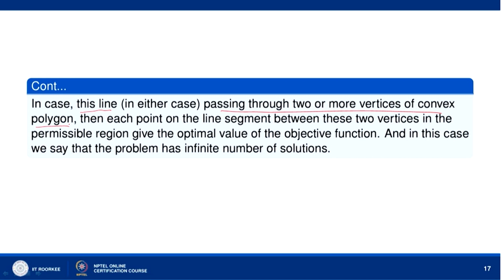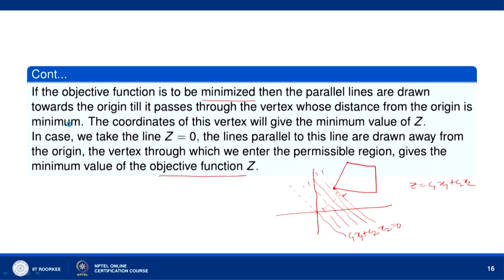In this case we say that the problem has infinite solutions. For example, in the case of minimum, if it passes through two vertices, then every point on this line will give the minimum value of z, and we will have an infinite number of solutions.